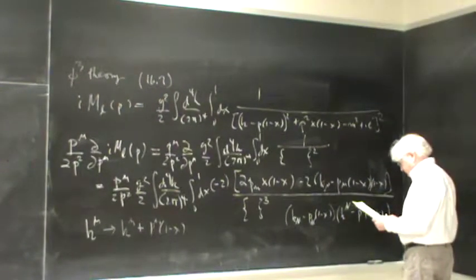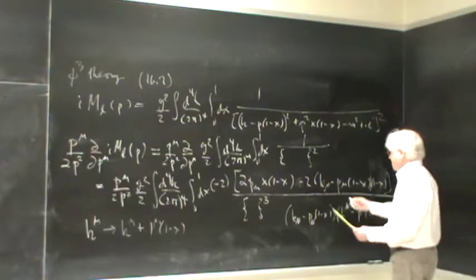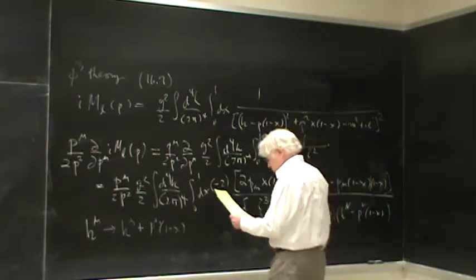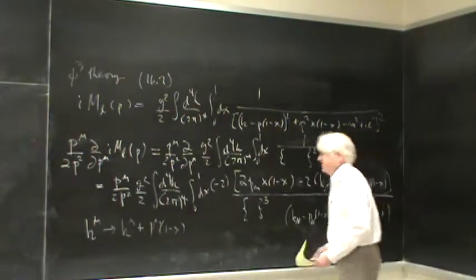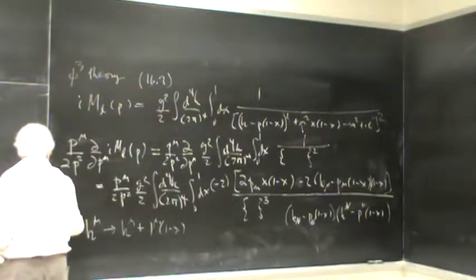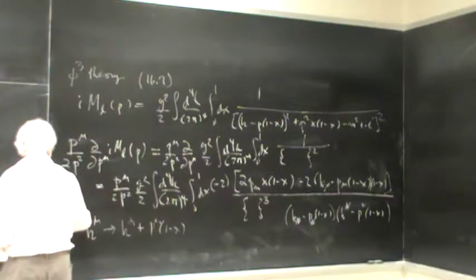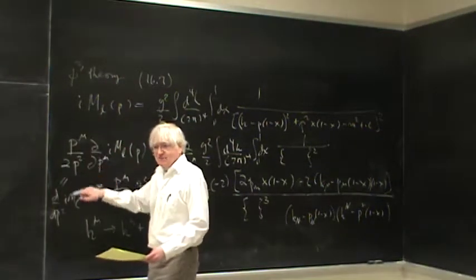And so what we have then in the numerator, pulling out the factors of 2, this thing here is the same thing as d dp squared of I and L. So this is a way of writing d dp squared.